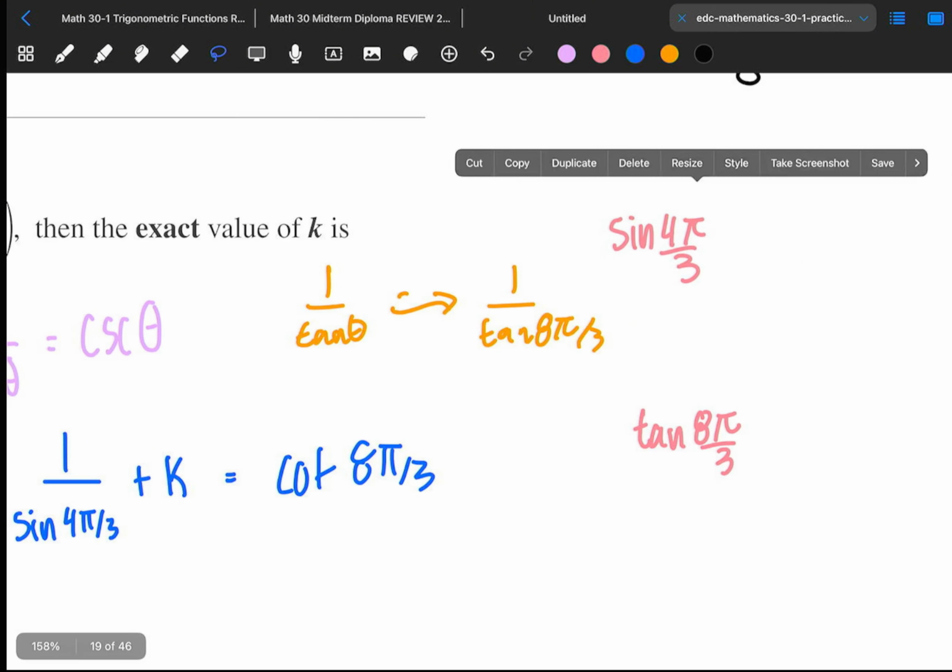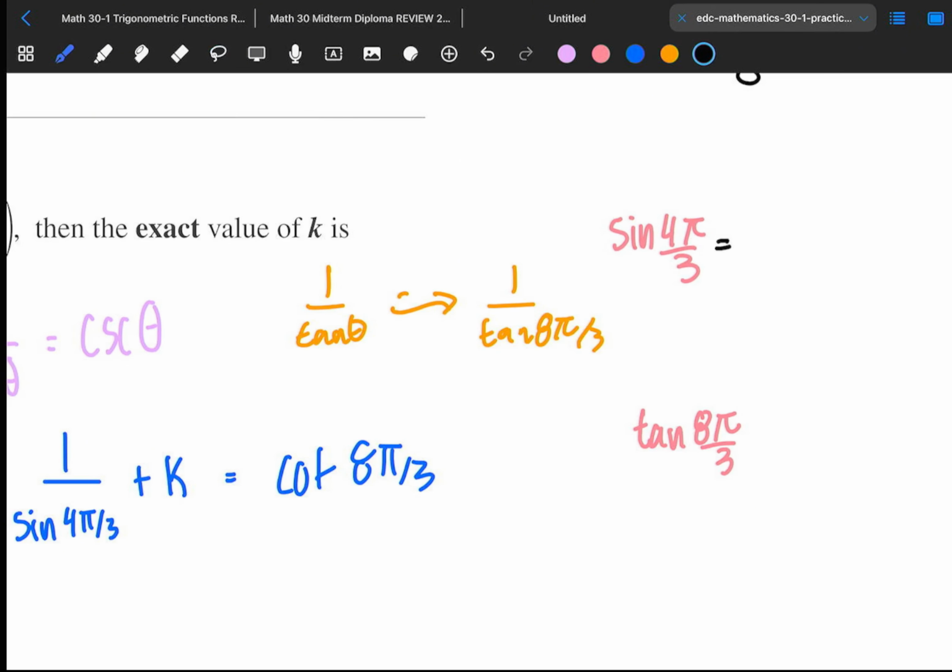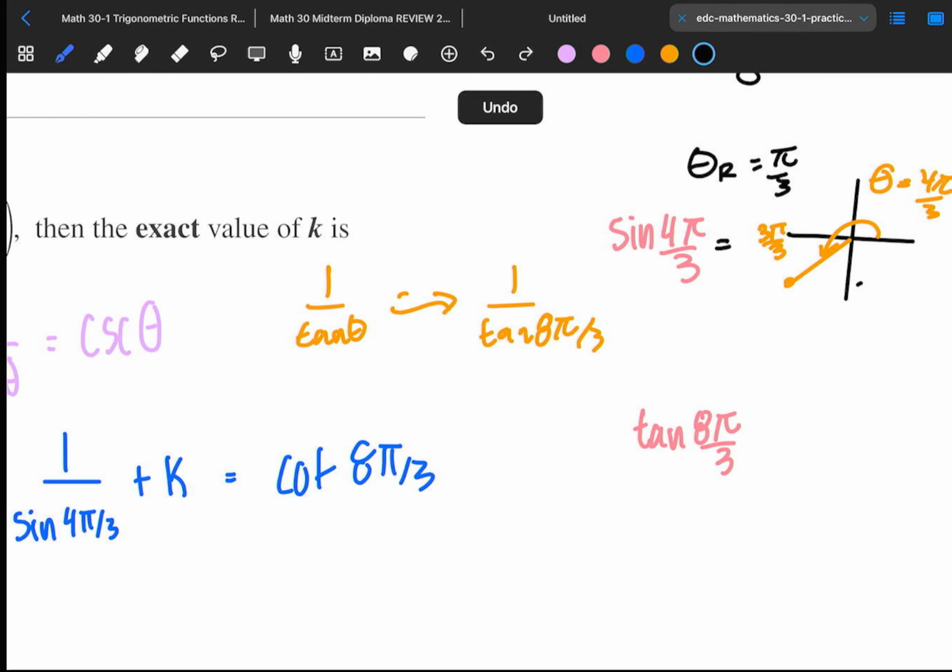So if we have sine of 4 pi thirds, our reference angle here is going to be pi over 3. And if we think about this with respect to the unit circle, this would be 3 pi thirds. So 4 pi thirds would be located somewhere down here. And just notice that our y is going to be negative, since sine theta is equal to y, right?